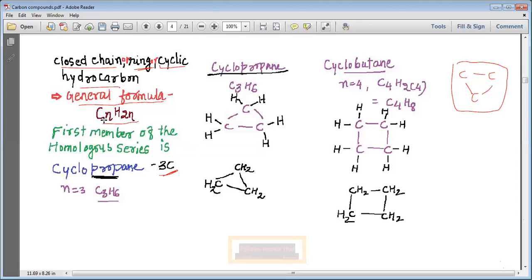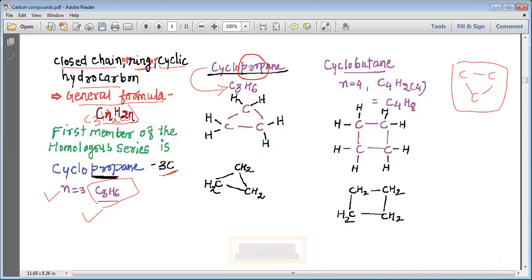We know the general formula is CnH2n, so for n equal to 3 it is C3H2 into 3, which simply gives us C3H6. This C3H6 is named cyclopropane.